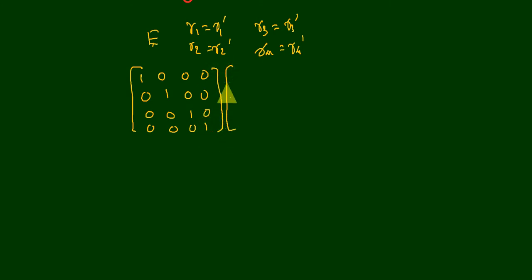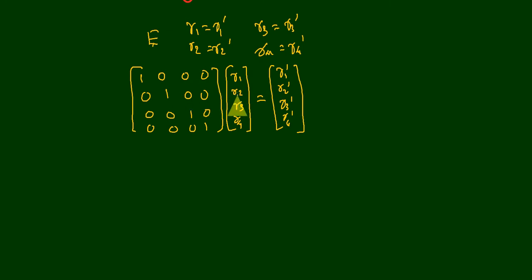Then R1, R2, R3, R4. Here our basis set is R1, R2, R3, R4, the bond vectors, which is equal to R1 dash, R2 dash, R3 dash and R4 dash. So the transformation is like this. Here you can see that this equation means 1 into R1, that is R1 is equal to R1 dash.